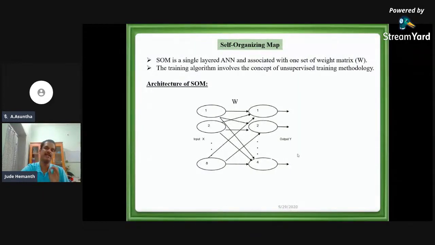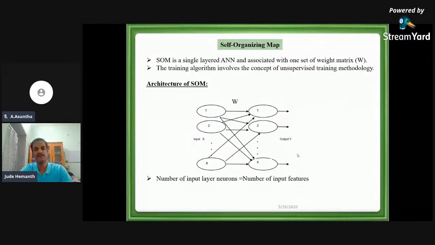And importantly, this utilizes an unsupervised training methodology, right? That means if you do not have pre-known data, then you can very well go for unsupervised training. Even if you have, you can check how the system works. So remember, this is a single layer ANN and also an unsupervised approach. The first point to remember is that the number of input layer neurons should be equal to the number of inputs.